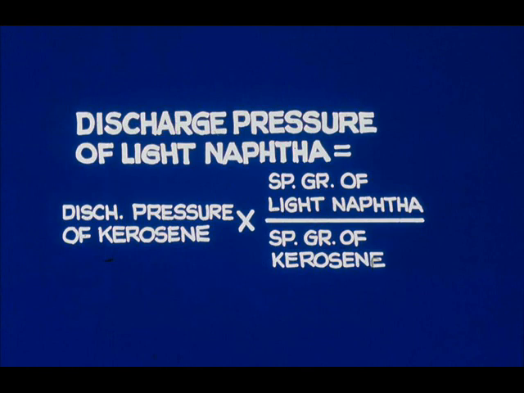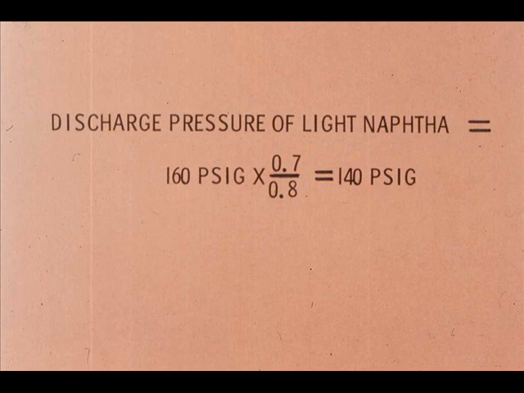To calculate the value of this lower discharge pressure, simply multiply the kerosene discharge pressure times the specific gravity of light naphtha, divided by the specific gravity of kerosene. The light naphtha discharge pressure equals 160 times 0.7 divided by 0.8, or 140 psig.